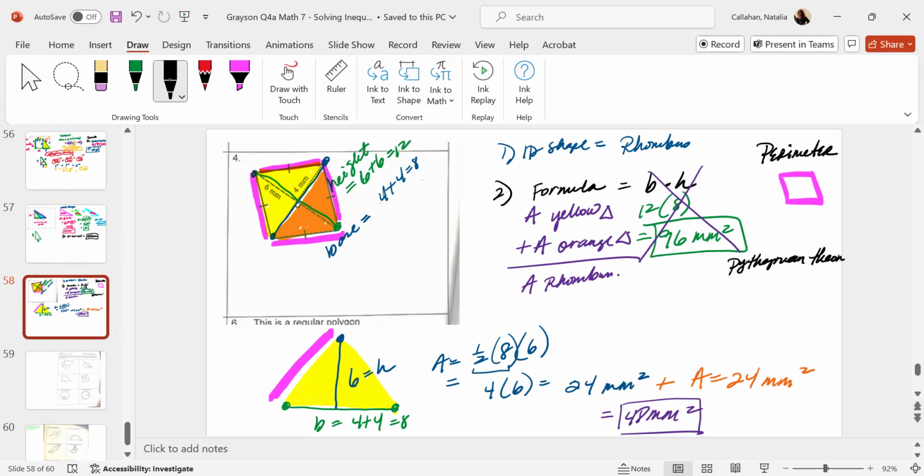What are the two short sides? 4 is a short side, so what's another short side? 4 is right here. What's the side right here? No. Do you not see that? 6? Which will give you the long side. Correct? 4 squared plus 6 squared equals the question mark squared, which is the long side. Now solve for the long side.